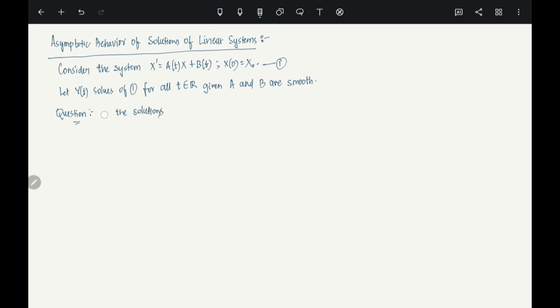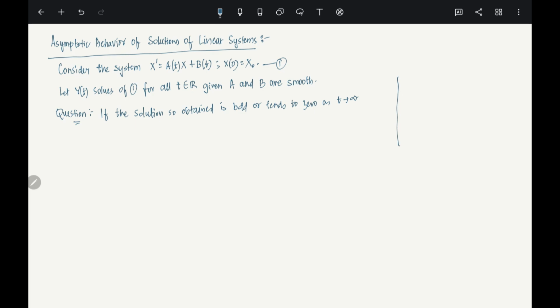Basically, the question is, if the solution so obtained is bounded, or does it tend to 0 as t tends to infinity? Why t tends to infinity? That's the question. First of all, let us understand.